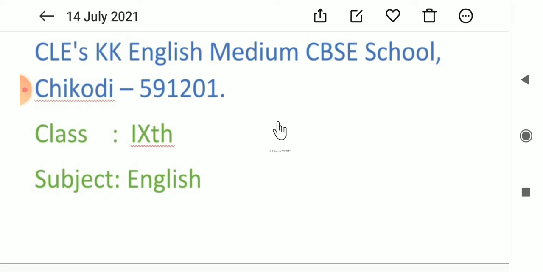So students, just recall your previous class. In the previous class, you had NCERT's English textbooks. Yes, one is Honeydew, and another is It So Happened, a supplementary reader. According to the reduced portion, we completed only a few lessons from the supplementary reader.